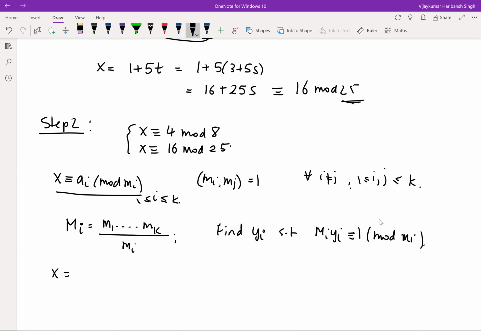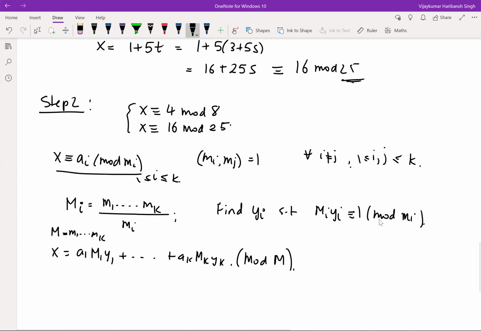So x equals a_1 M_1 y_1 plus up to a_k M_k y_k. That was the process for the Chinese remainder theorem, and you were finding a unique solution modulo m, where m is m_1 to m_k.